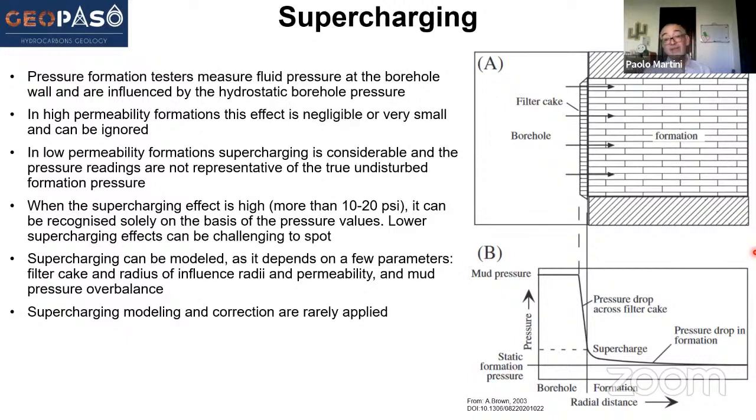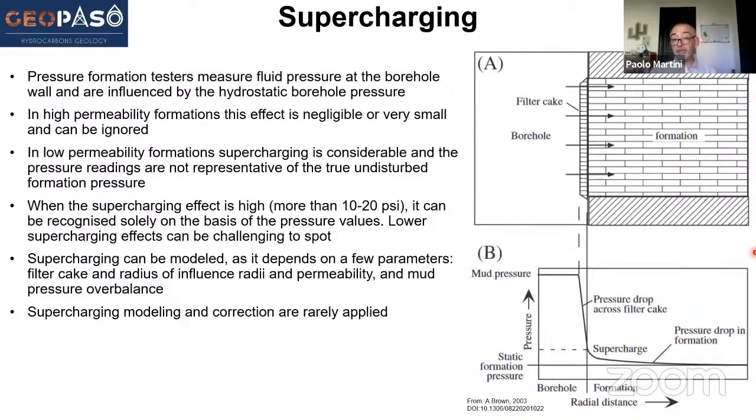In case it's lower, then it can be challenging just to spot, and it's actually better to just filter out the points based on the low drawdown mobility value.